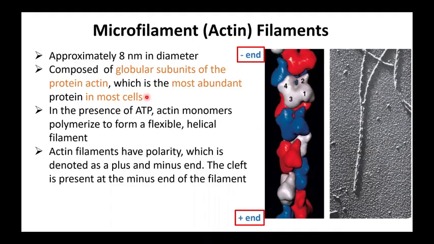Now this actin will also have a positive and a negative end. Now this is the negative end. That's where they are kind of cleft. They are open. It is as if you take two ropes and keep twisting them, the one end which is open is the negative end of it. Okay.